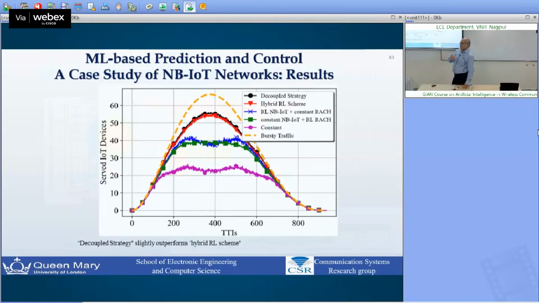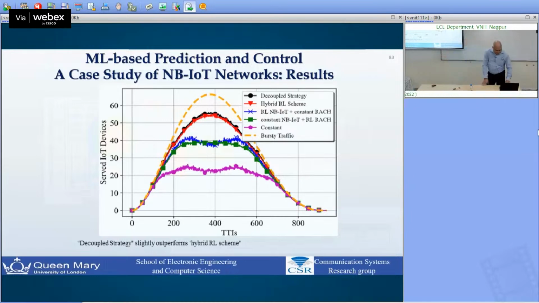If you don't have decoupling, you don't have prediction, just 13 reinforcement learning agents dynamically changing the parameters. So decoupling means prediction and control are separate. If you don't decouple, everything is together, prediction and the access control parameters. The conclusion is that predicting the load for the next time slot is essential to control the parameters.